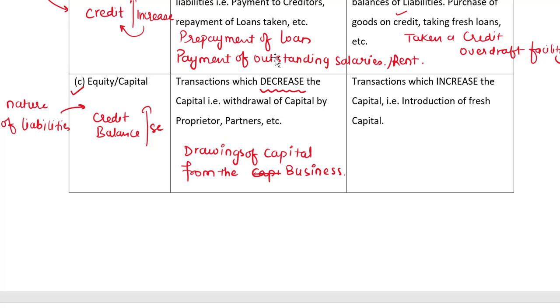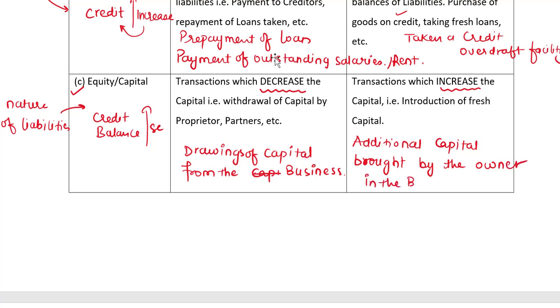If there is an increase in the equity or capital, it is to be credited. Why? Because it has the nature of liabilities. So can I write additional capital brought by the owner in the business?